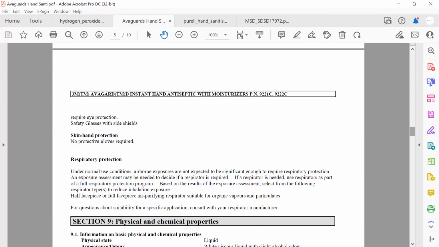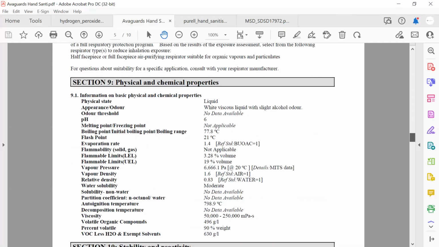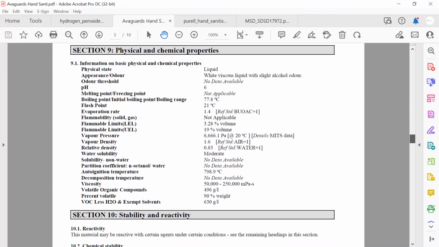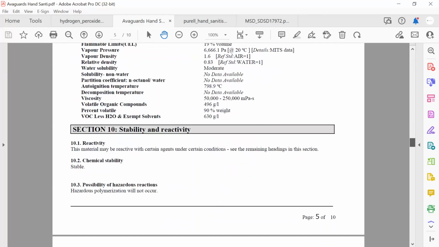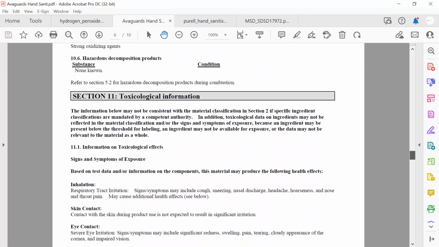And you can use either a half face piece or a full face piece air purifying respirator suitable for organic vapors and particulates. It talks about the fact that it's a liquid, it's going to be white, and it's going to have a slight alcohol odor to it. Talks about whether it is reactive or stable, and then goes into our toxicological information.